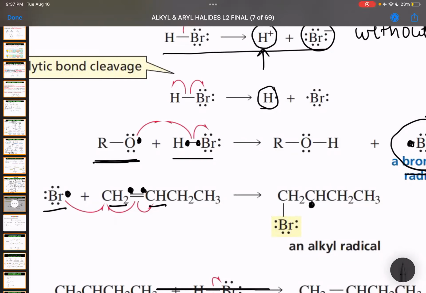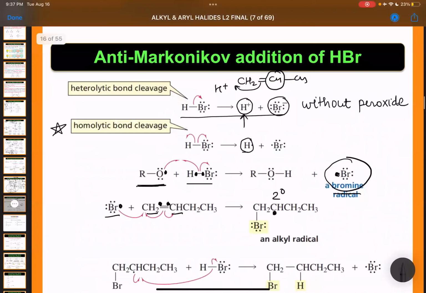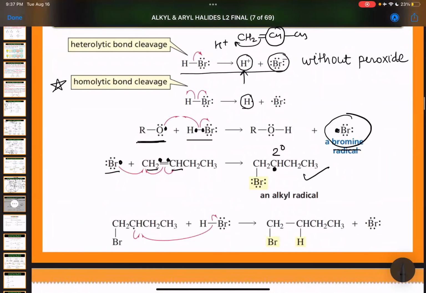If the Br radical joins itself to the outer carbon, the radical will form on the inner carbon, which is secondary, more branched, so this is more stable. But if the Br radical tries to join itself on the inner carbon, the radical will come on the outer carbon, which is primary. That is not very stable. So this one is preferred, and this one is not preferred.